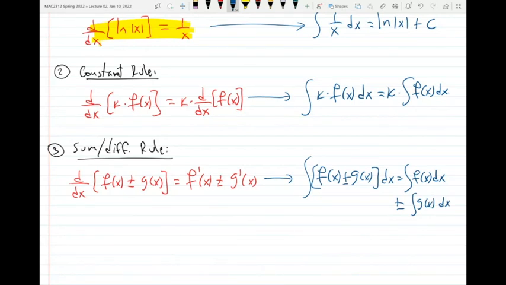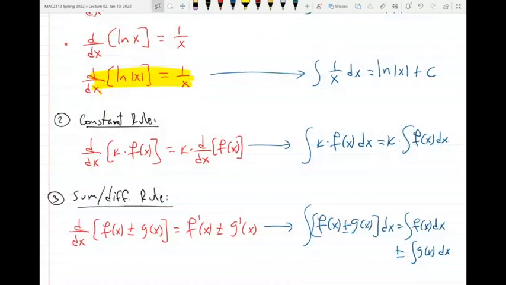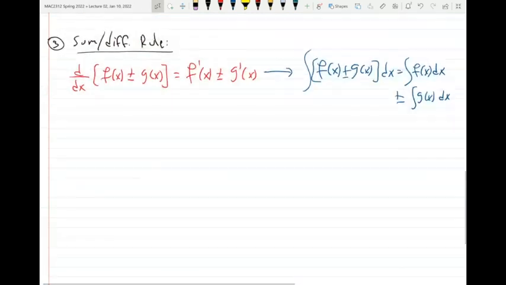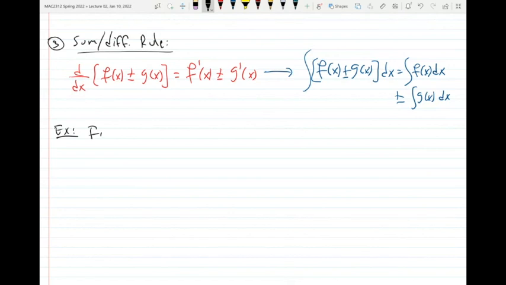Okay? For example, combining these three rules, the power rule together with the second rule and the third rule that I wrote here, you can integrate any polynomial that comes your way. Okay? So let's use that as a concrete example. Find the antiderivative.